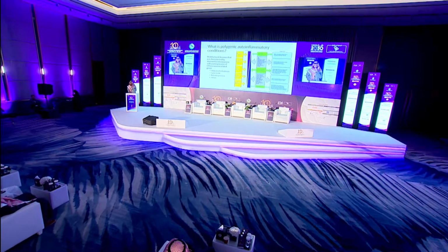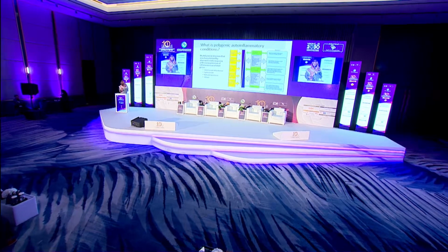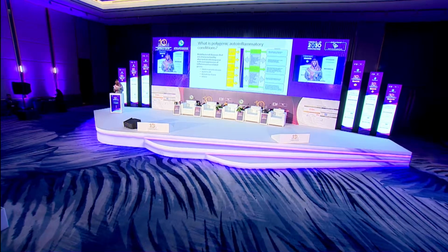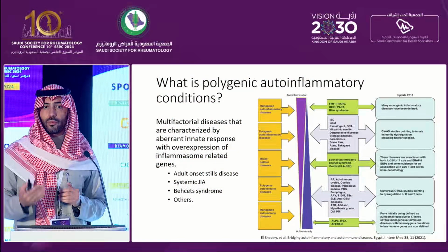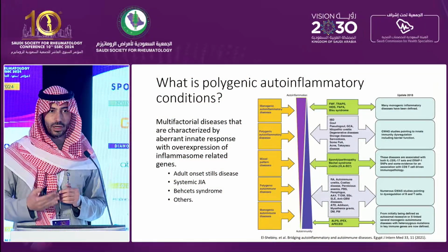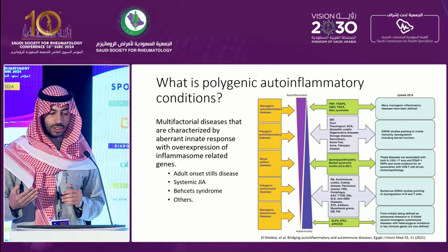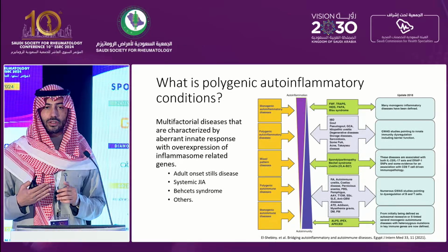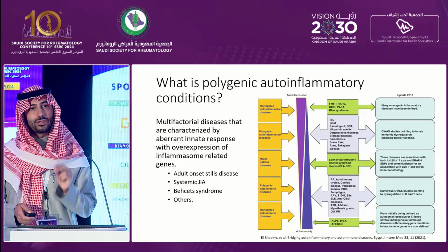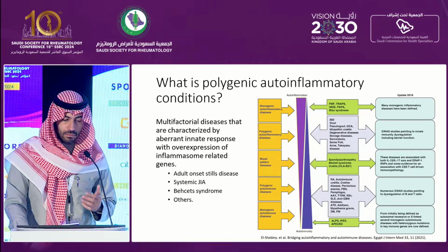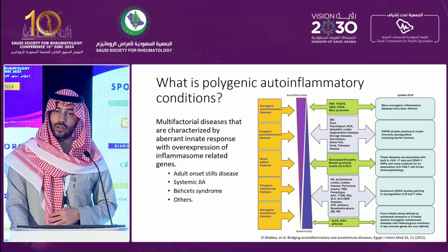Our focus today will be specifically on a component of the polygenic autoinflammatory disorders. This group of disorders tends to share the autoinflammatory features of monogenic disorders, an apparent innate overexpression of the inflammasome response. However, they don't usually have a single gene defect. The most famous is adult-onset Still's disease.